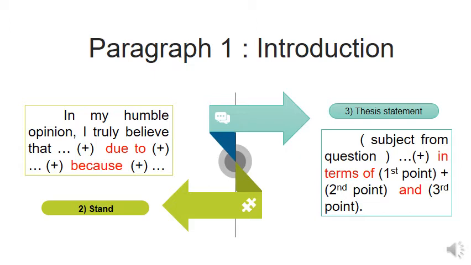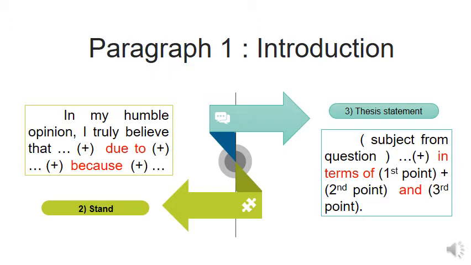Okay, now we go to the last part in making an effective introduction, that is the thesis statement. In order to create an effective thesis statement, you have to go with the question, or with the main point in the question.